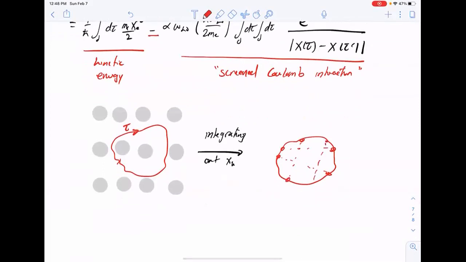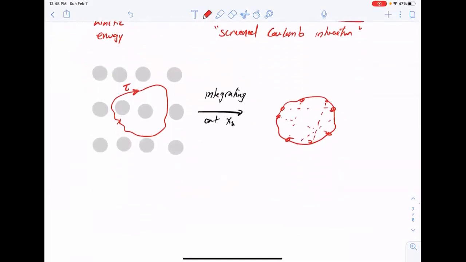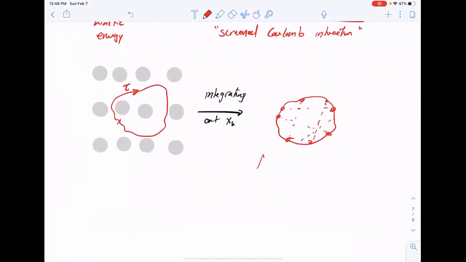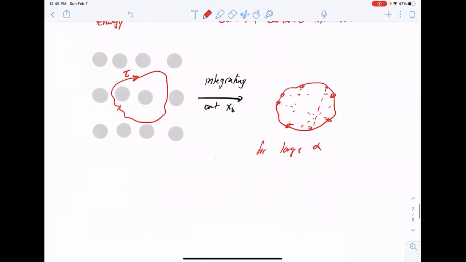So there's an attractive interaction between the points in imaginary time. That strength goes like alpha. For large alpha, this imaginary time path would get localized to a point.